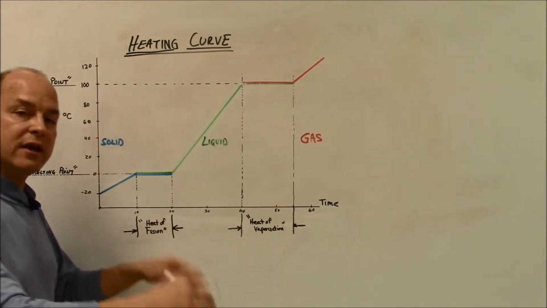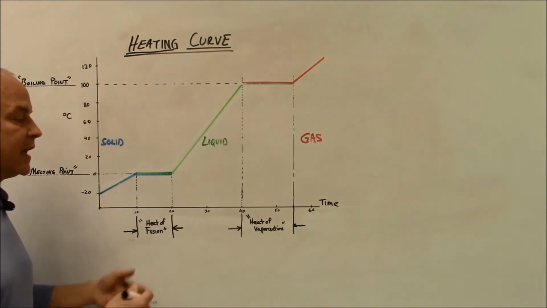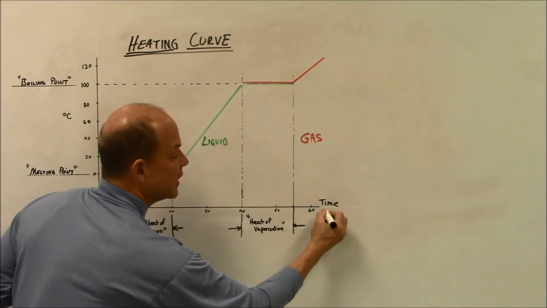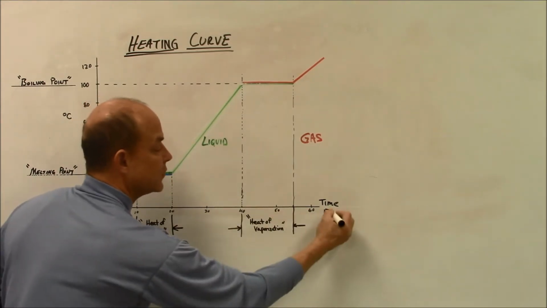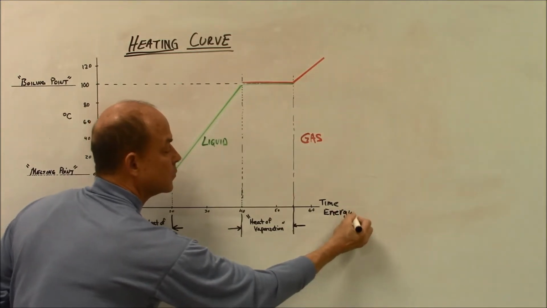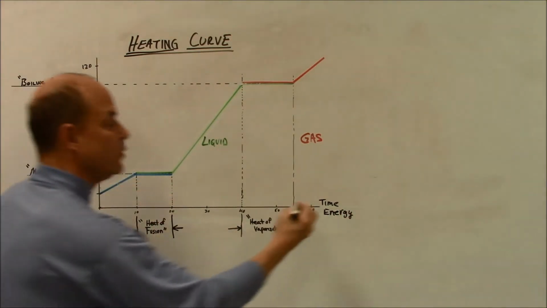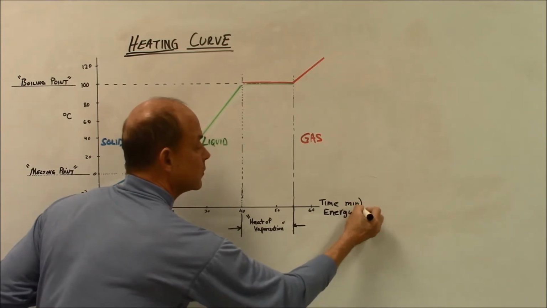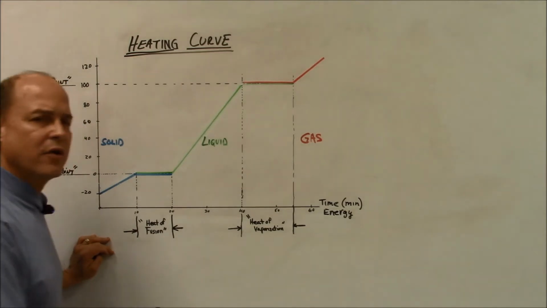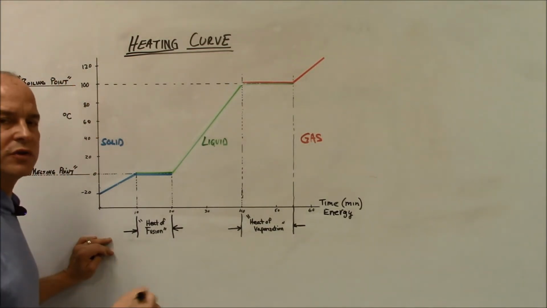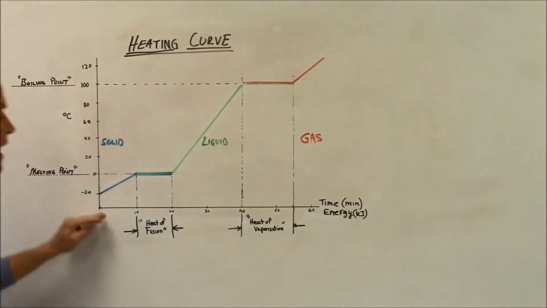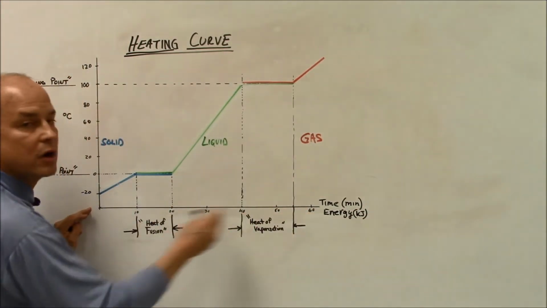But if you're putting energy into the system at a constant rate, then I could also call this x-axis an axis with units of energy. If we're talking about time, we're talking about minutes. Or if I'm talking about energy, let's call it kilojoules. I don't know if we've talked about joules yet, but joules are a unit of energy. So this x-axis could represent either minutes or kilojoules.